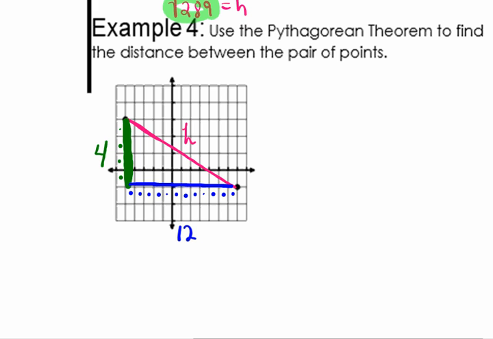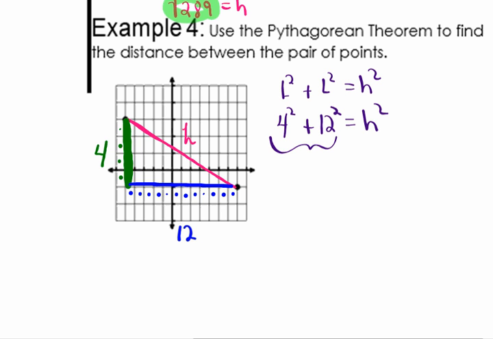So if I put it into Pythagorean's theorem, I have leg squared plus leg squared equals hypotenuse squared. So that's 4 squared plus 12 squared equals hypotenuse squared.